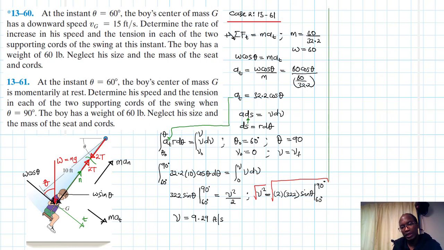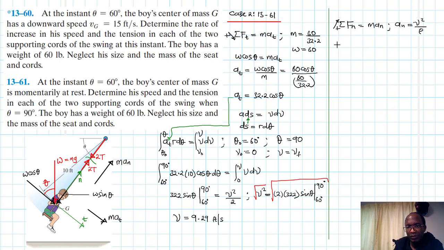So that we find the tension. Let's write down another equation of motion along the n. So the summation of forces along the n, this time around going in this direction being our positive, is just equal to m a_n, where our a_n is just v squared divided by rho.